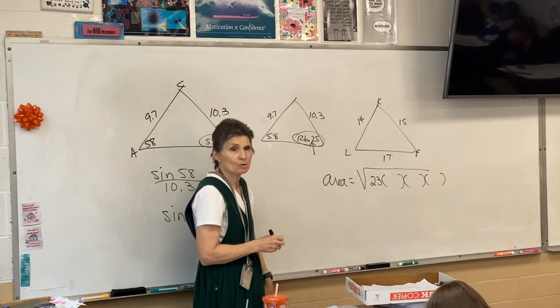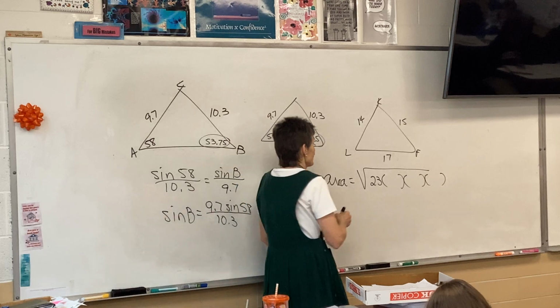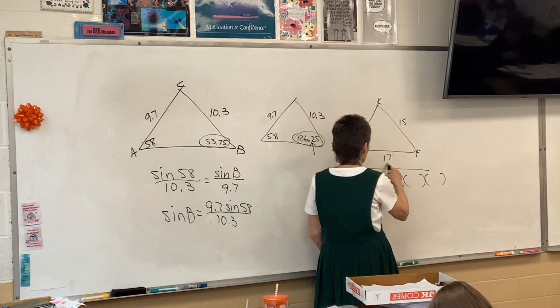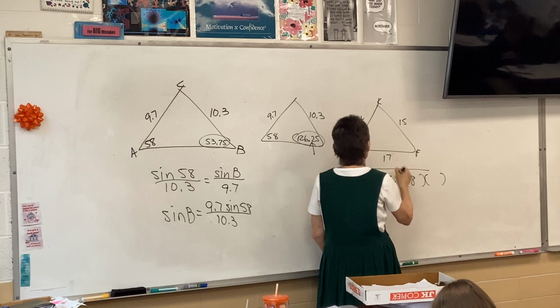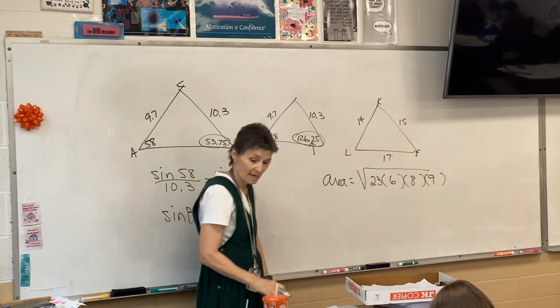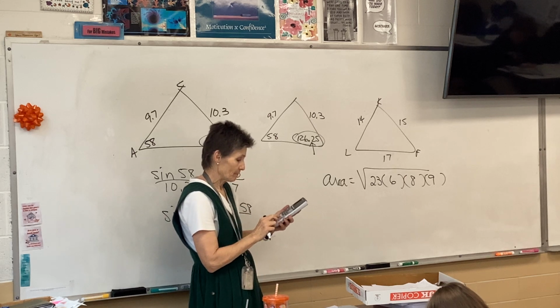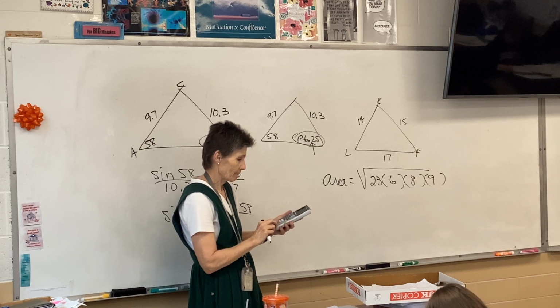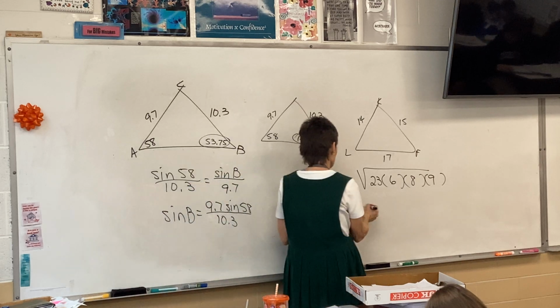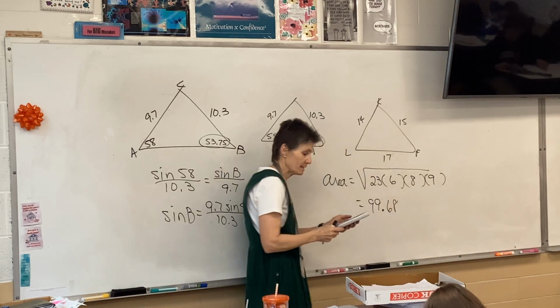And then I'll take 23 minus each side. So that's going to be 6 on that one, 8 on that one, and 9 on that one. And those can be in any order. Then I just do that, and I got 99.68, if I'm rounding to the nearest hundredth.